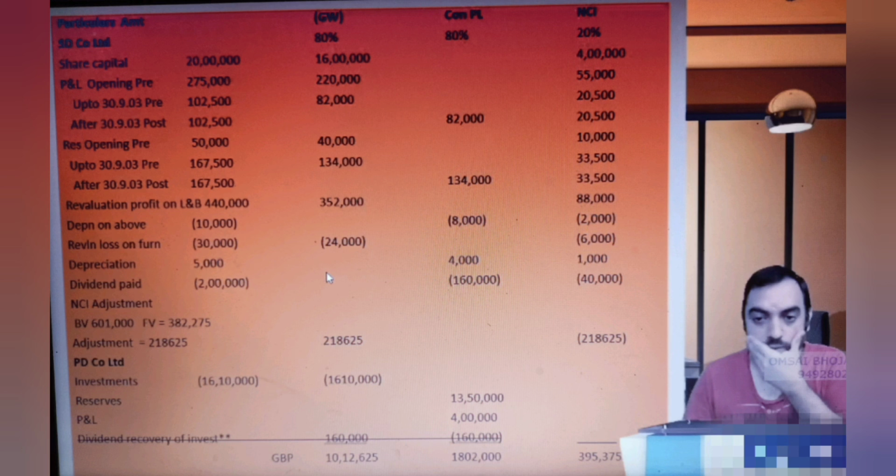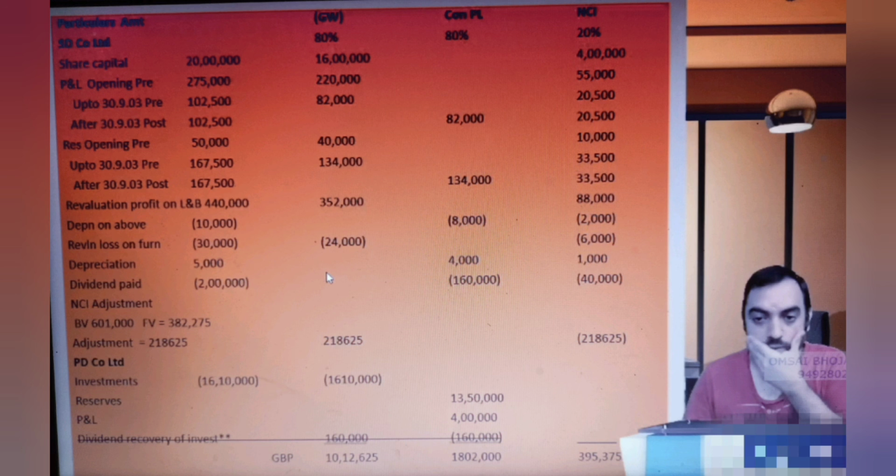What is the meaning of depreciation plus? They have transferred excess depreciation to P&L account, we have to remove it. Therefore, we are reducing the expense, we are writing depreciation back, adding back. Therefore, we are reversing depreciation, excess charged 5,000. We have done the calculation, so plus.